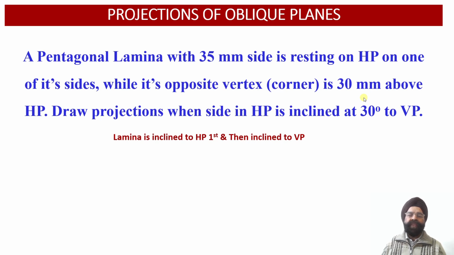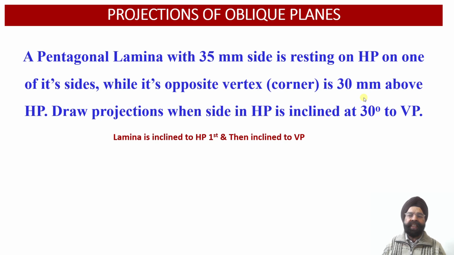Now since this pentagonal lamina is inclined with respect to the horizontal plane, to begin with we are going to construct the true shape of this pentagonal lamina onto the horizontal plane in the top view projections. This true shape will be constructed below the XY reference line.